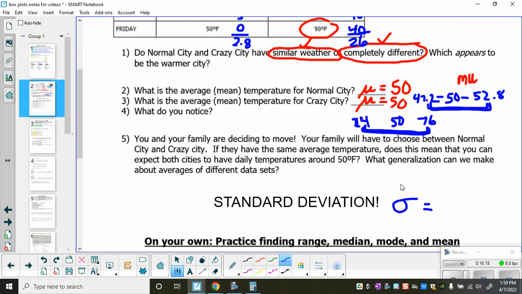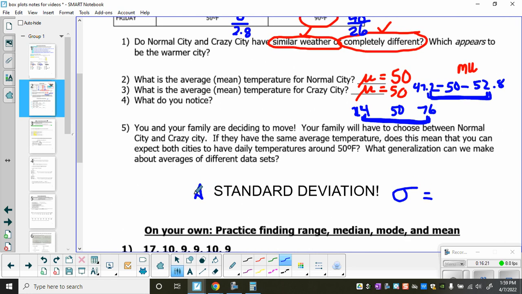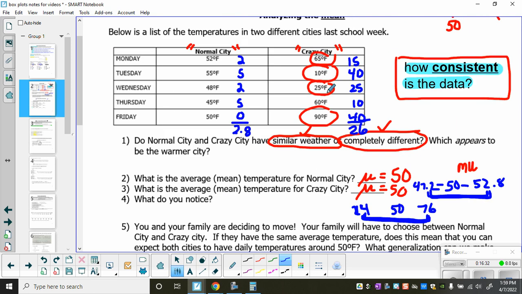So all I wanted to point out is that you are going to be learning about something called standard deviation. It does feel like a scary, intense, complicated topic, and all it's really asking is, in a situation like this, if two places have the same average, a small standard deviation lets you know that the data is very consistent. But a very big standard deviation, like 26, lets you know that the data is very, very spread out.